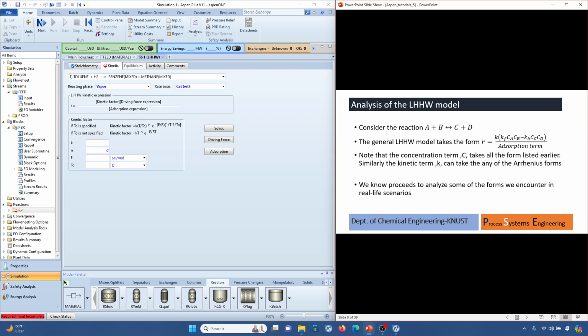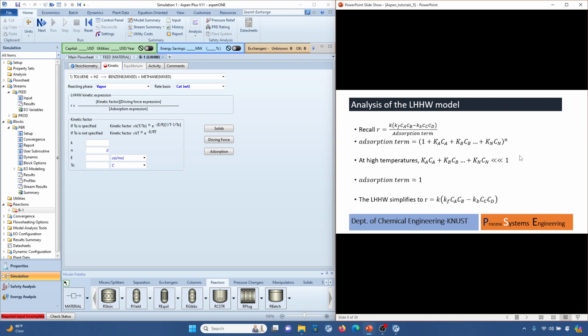So we would look at the general form for a reversible reaction as depicted. We would have the kinetic factor, the driving force term, and the adsorption term. In certain cases, such as at high temperatures, you could have the adsorption term go to unity, so it's eliminated from the equation, leaving you with this form.